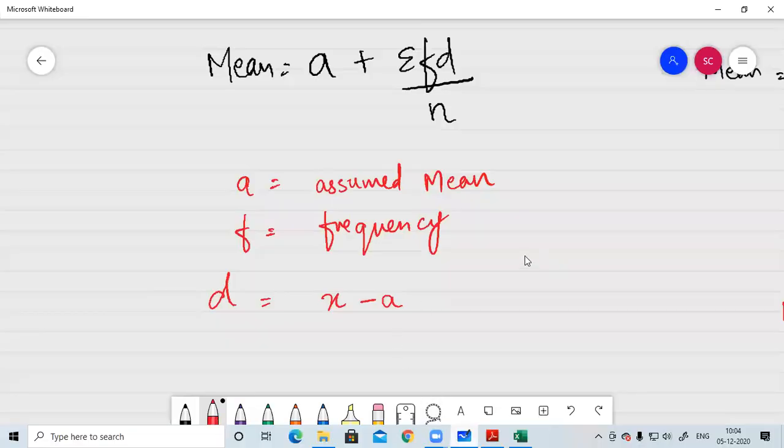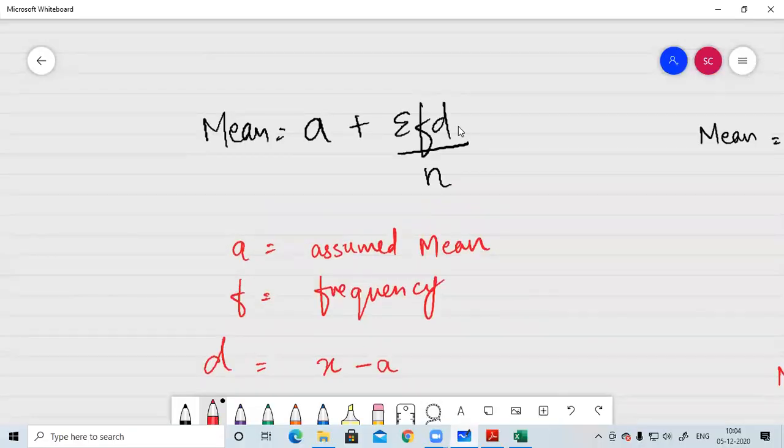I need, what do you see here? The frequency. What do you mean by sigma FD? The sum of F into D. FD stands for F into D. When there is no symbol between two variables, it means multiplication. Very good.